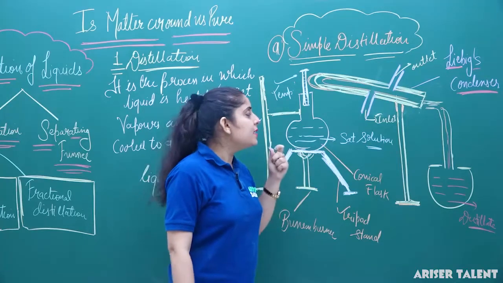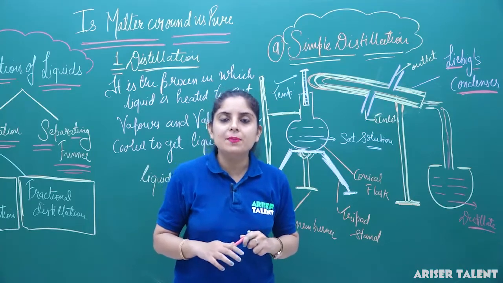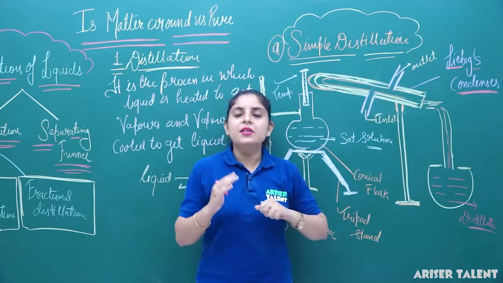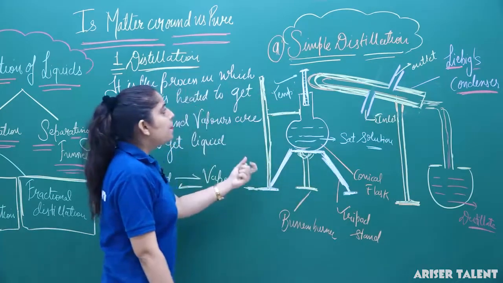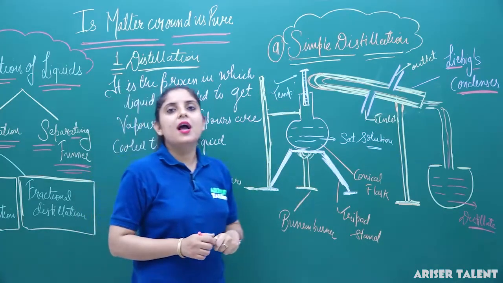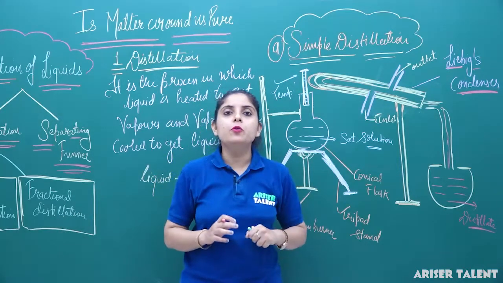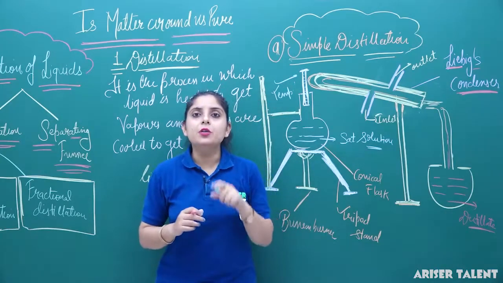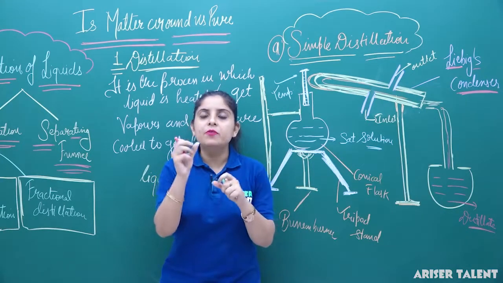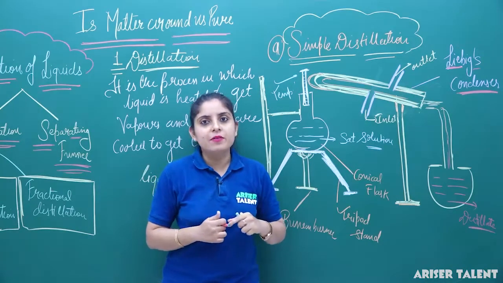Clear? So this is a process which is used for the separation of two miscible liquids having a difference in boiling point which is quite high. Clear? Now simple distillation and fractional distillation are very different from each other. In fractional distillation, you have to take a fractionating column, and you want to separate two liquids which have a difference in boiling point, but the difference should be less than 25 degrees Celsius.